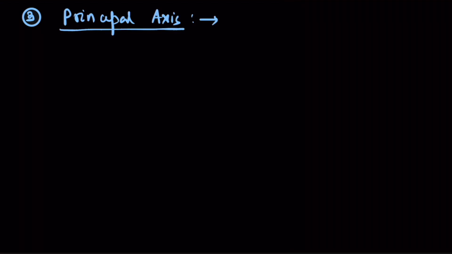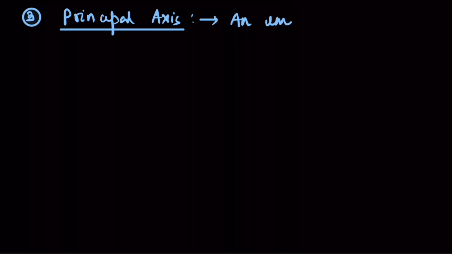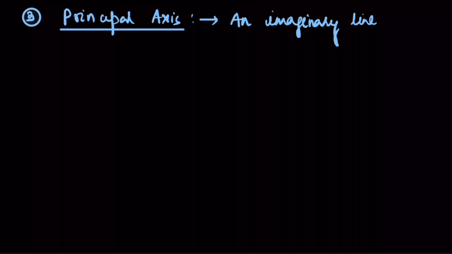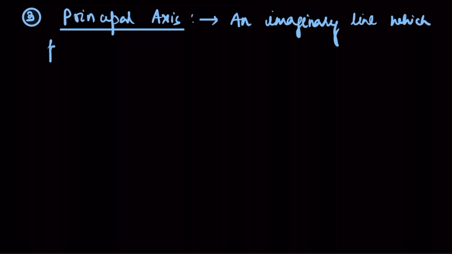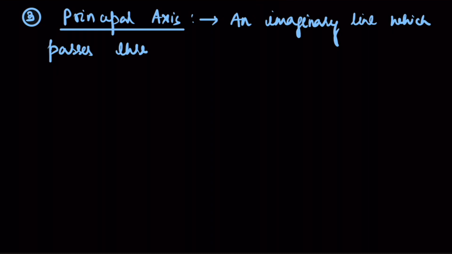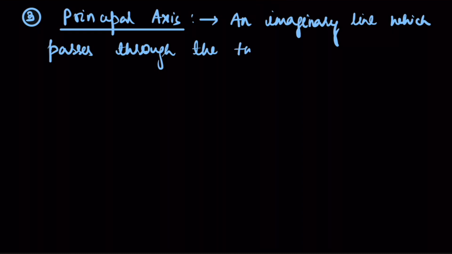Next is principal axis. Principal axis is defined as an imaginary line which passes through the two centers of curvature.